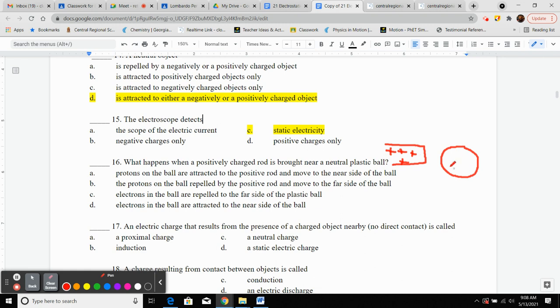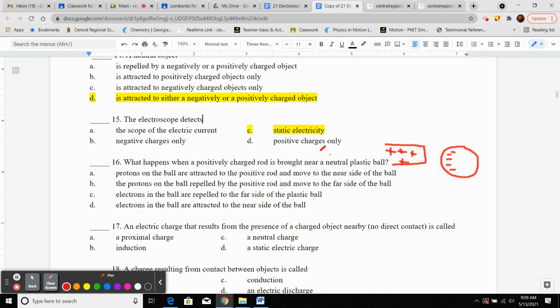So all the electrons in here, do you think they would be attracted to all that positive charge? Yeah, they would. So the electrons would move themselves, from being spread out evenly, they would position themselves to make this side of the ball more negative.